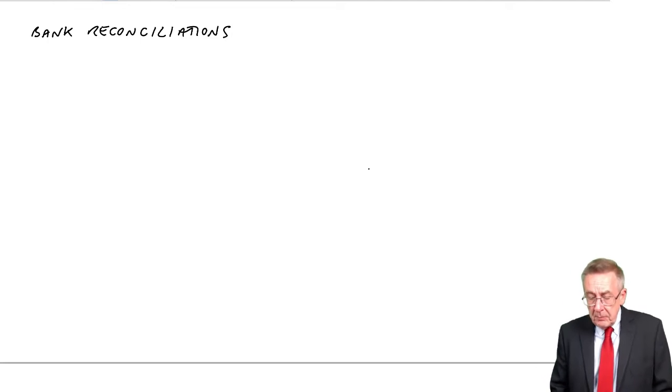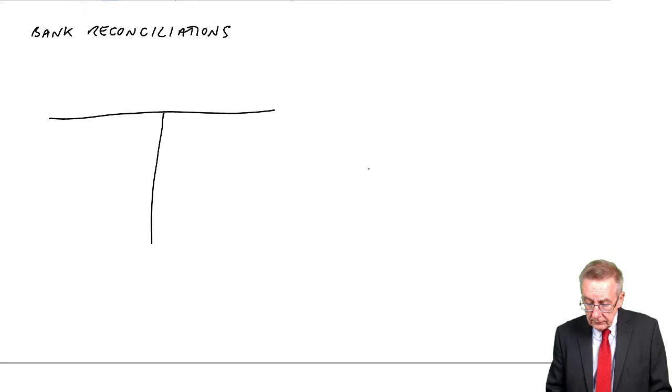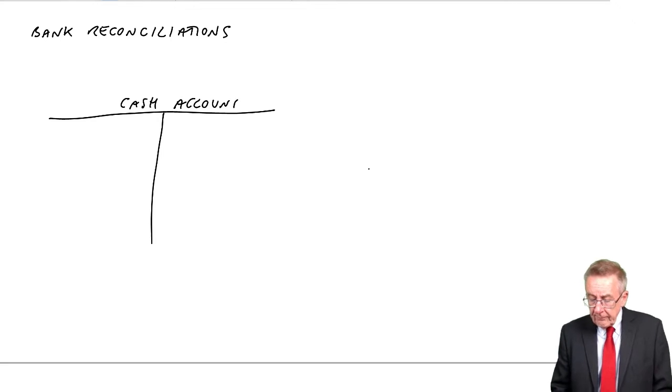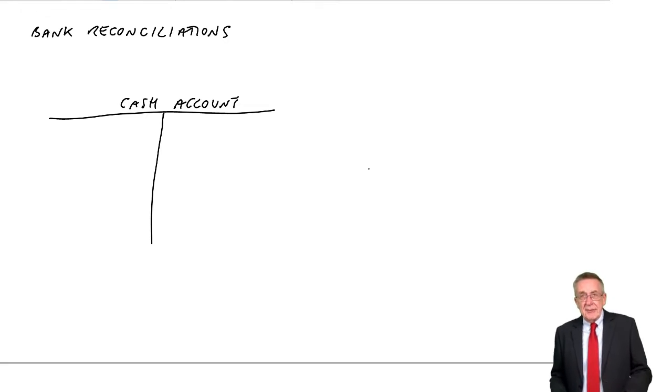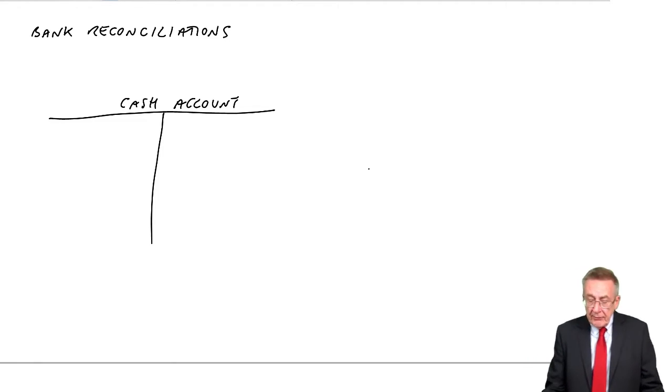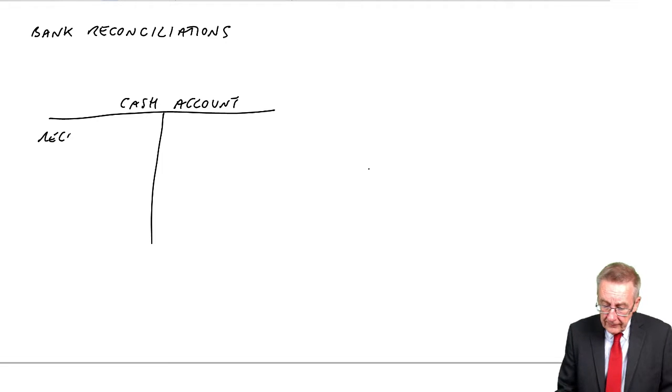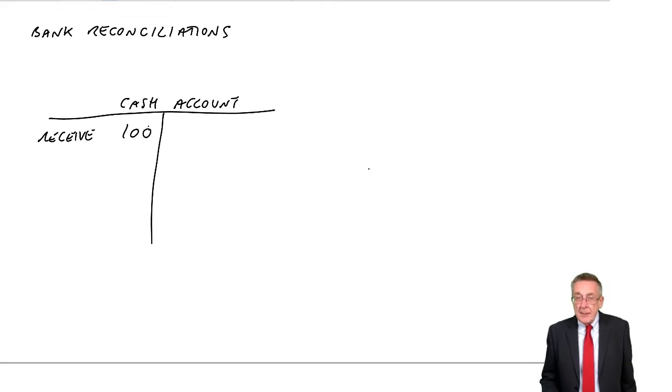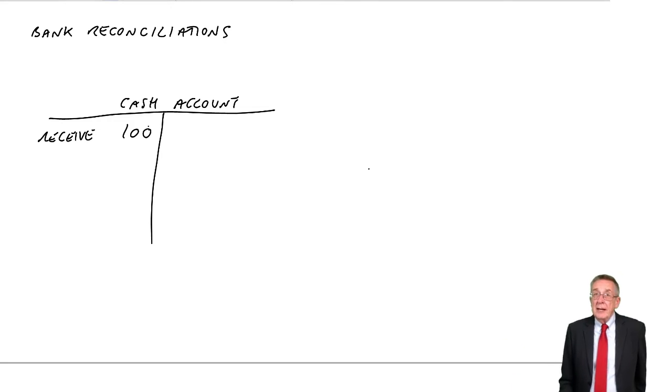You see, in our books, in our cash account, if we receive cash, we debit cash. So if I receive 100, we debit cash 100 and credit somewhere.